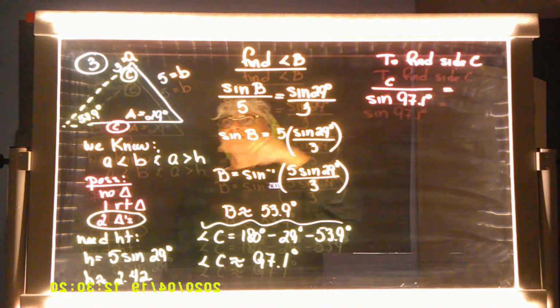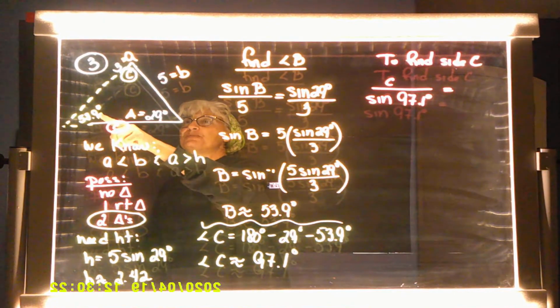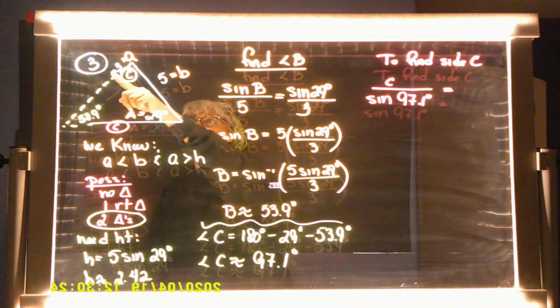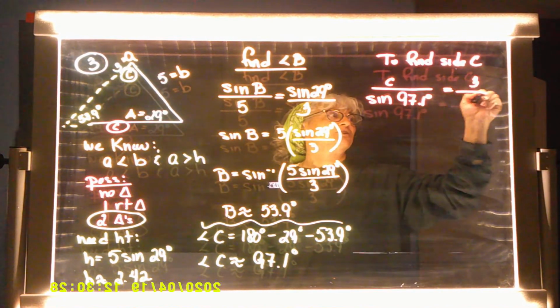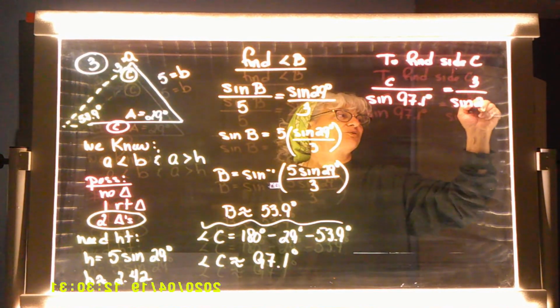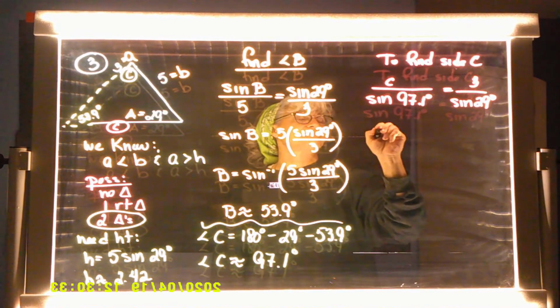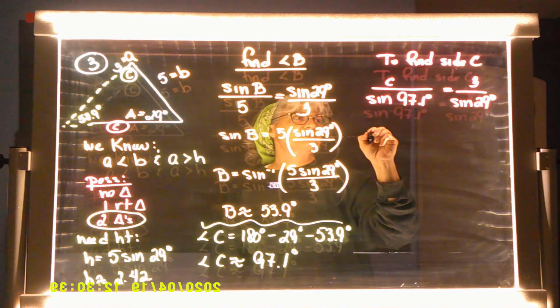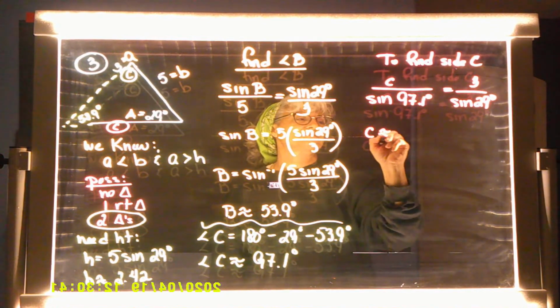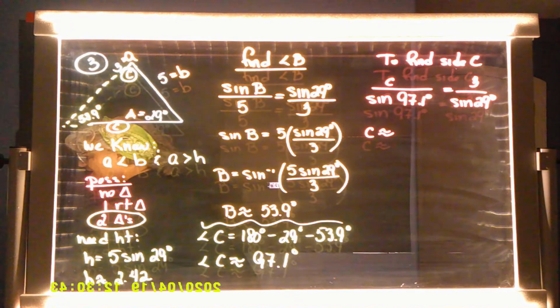And that's going to equal, and I can use any proportion I want, I always go back to the original proportion. I have 3 over the sine of 29 degrees. I have to multiply both sides by the sine of 97 degrees, don't I? When you do that, hopefully you get the same answer I do.